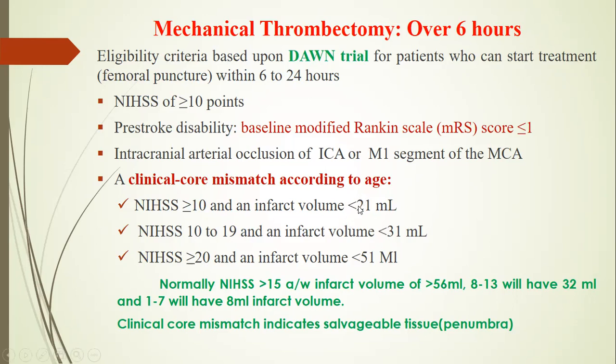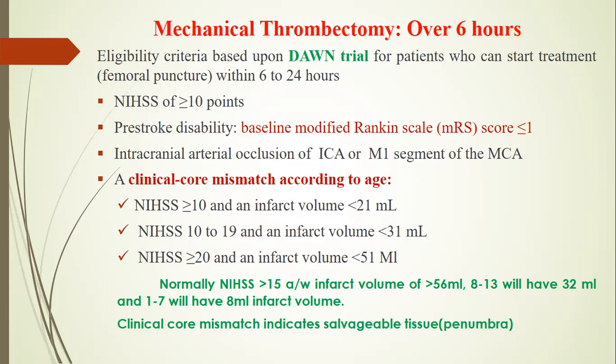This concept you got it, no? Clinical core mismatch means clinically the patient is very unstable, but the ischemic core is very small. Ideally mismatch should not be there. If the patient comes at a very late stage, the infarct would have formed and penumbra will not be there, so there will not be any clinical core mismatch.